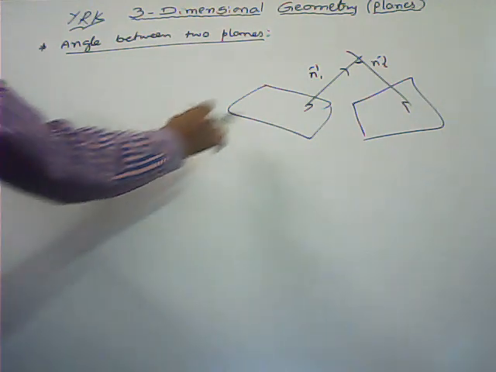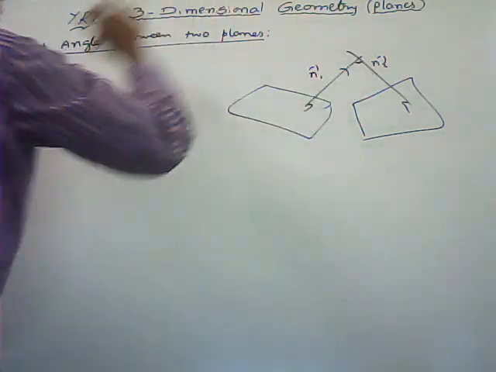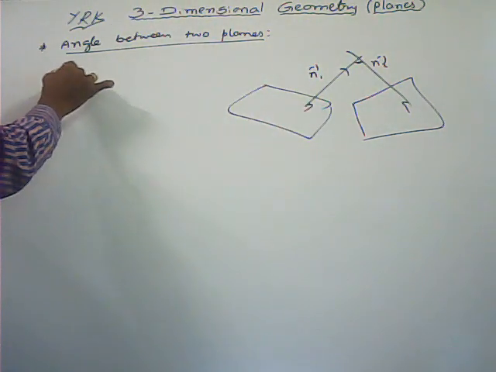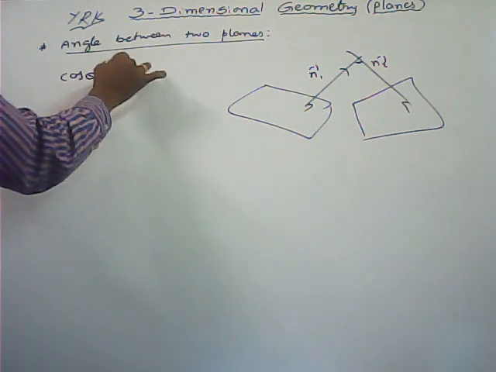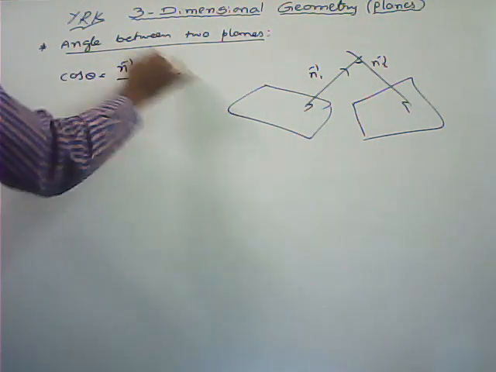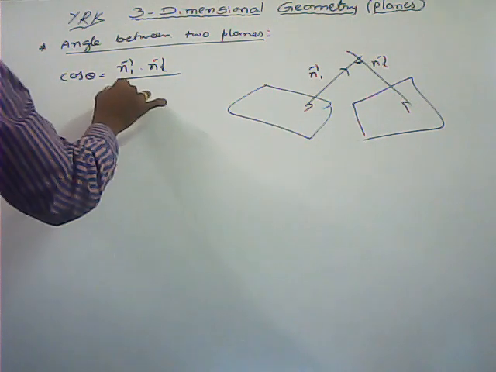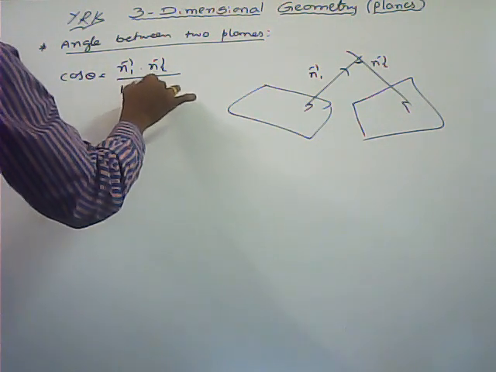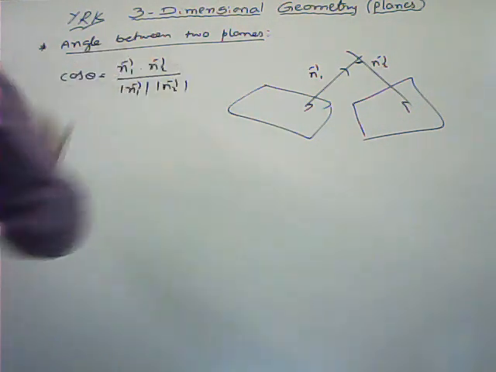If two vectors are given, we know how to find the angle between two vectors. That is cos theta, that is equal to n1 bar dot n2 bar, the formula we got in the dot product of vectors, divided by modulus of n1 bar into modulus of n2 bar.